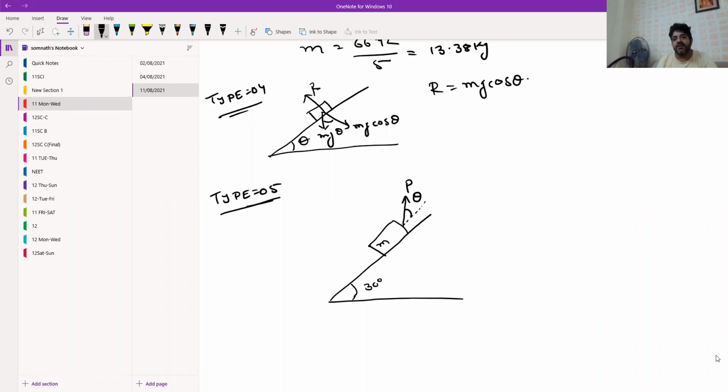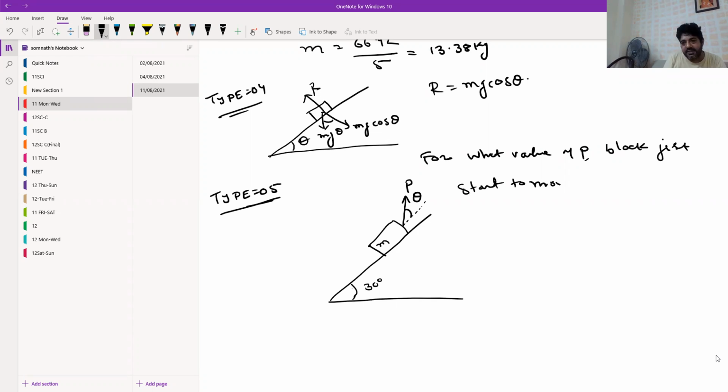Now the question is: for what value of P does the block just start to move? I think you understand, just start to move. That means it will be just in the equilibrium position, yes or no? Yes, sir.